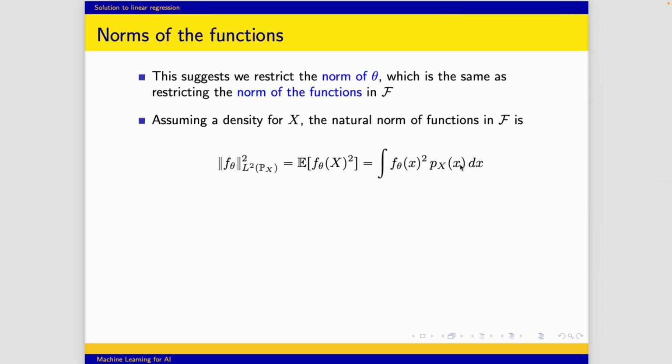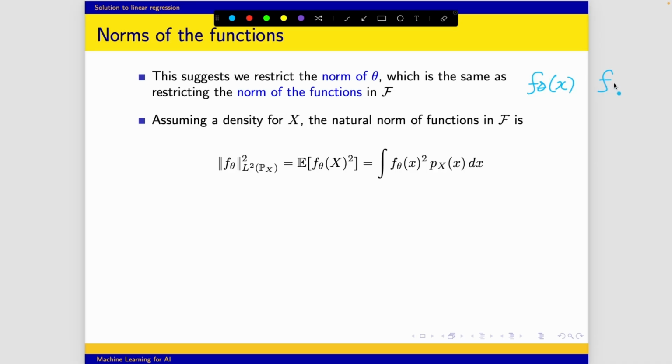So let me reiterate that our f theta is a function of x, but we can also consider it a random variable if we have a random x, because f theta is real valued. It takes possibly vectors in R^D and maps them to real numbers.